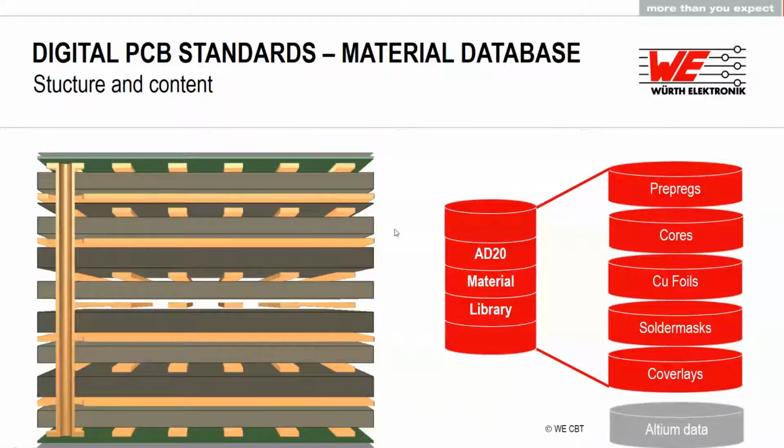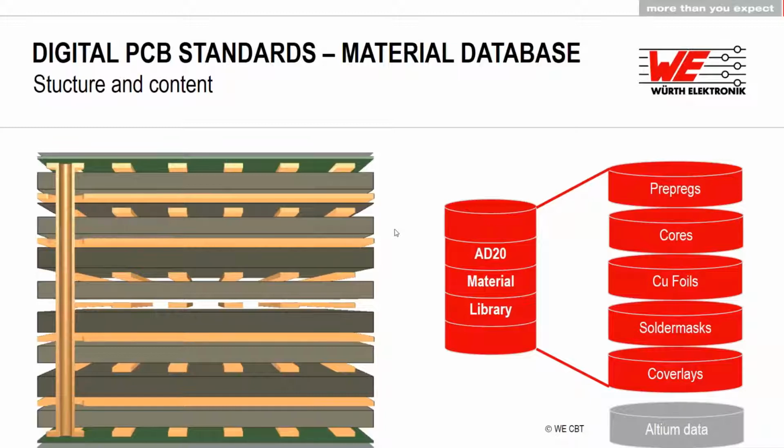How is it structured? First of all, we can see the gray box on the bottom right side. These are material data in the database coming from Altium with Altium Designer. So there are, for example, solder surfaces inside, also cores and prepregs, which you may use.